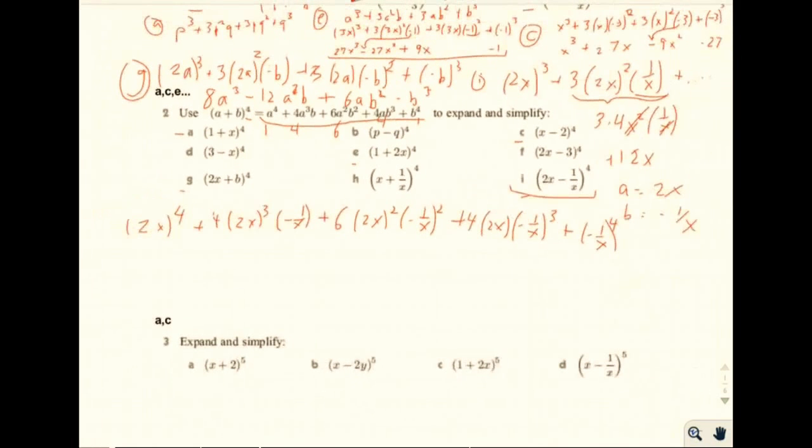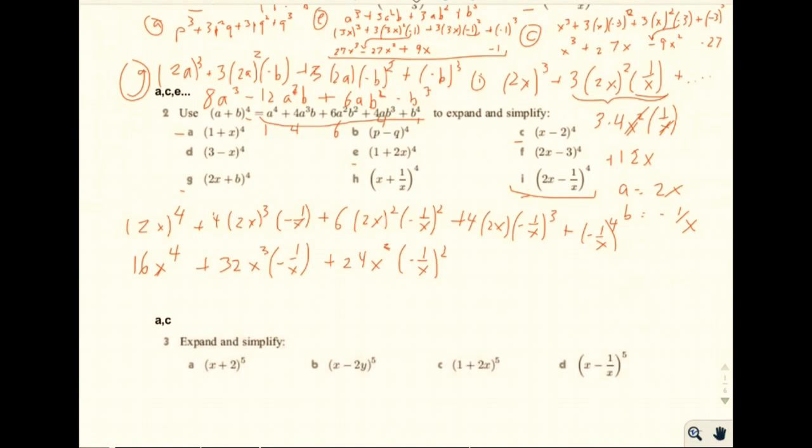So 2 to the fourth times x to the fourth is equal to 16x to the fourth. 2 cubed x cubed would be 8x cubed, so that would be 32x cubed times negative 1 over x, so we can simplify that more. 2 squared x squared would be 4x squared, so that would be 24x squared times negative 1 over x squared.